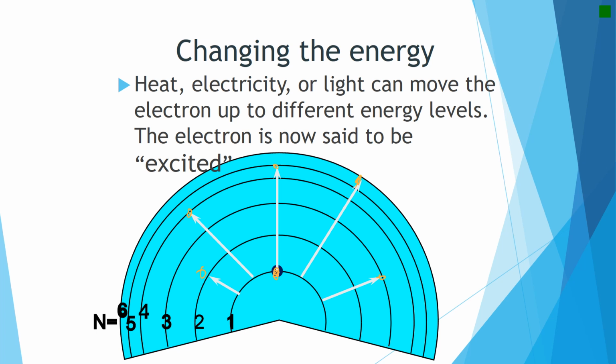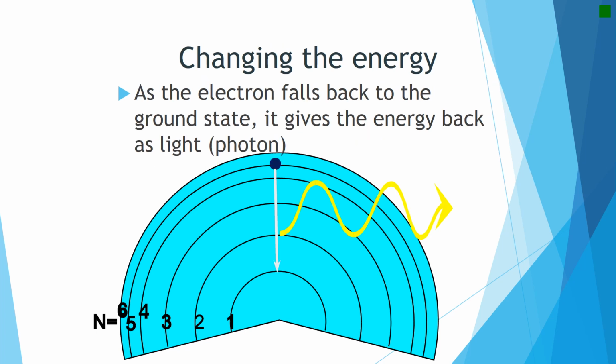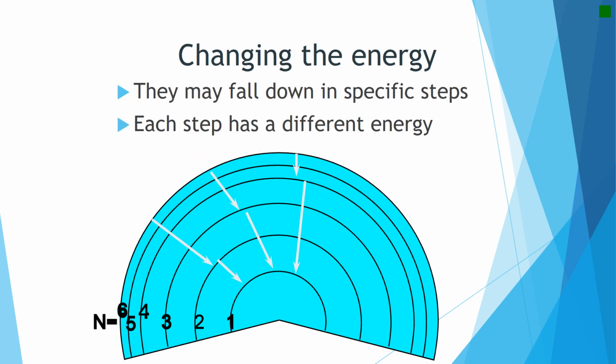At these higher energy levels, it's considered excited, but it doesn't like to be there, so it goes back down to its ground state, and when it does that, it releases light, and we call this light, once again, a photon. So once again, we don't see this jump; we only see the drop going back down to its ground state.